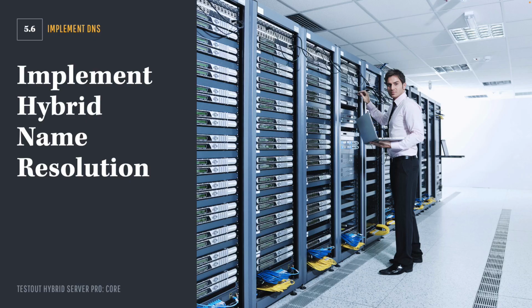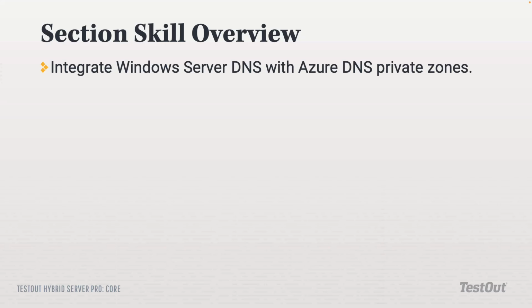Okay, next section, our hybrid domain name resolution. What we're really studying in this module is, yes, how to set up servers on our local LAN, but also how we can use the cloud to give us more redundancy, load balancing, scalability. Okay, all the great things that the cloud has to offer.